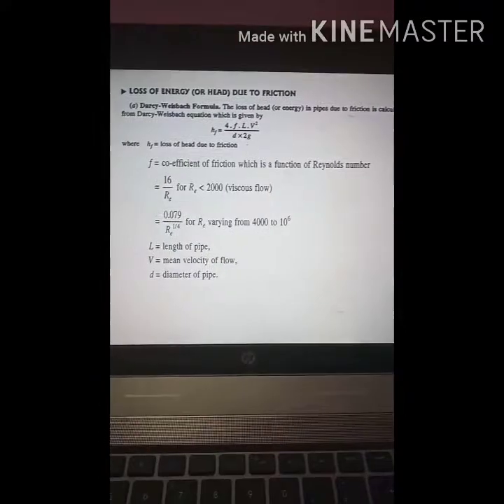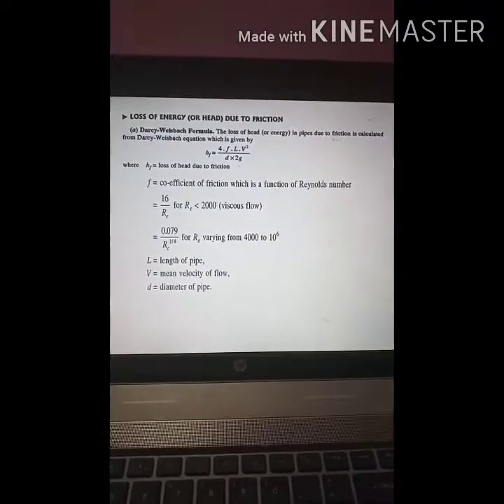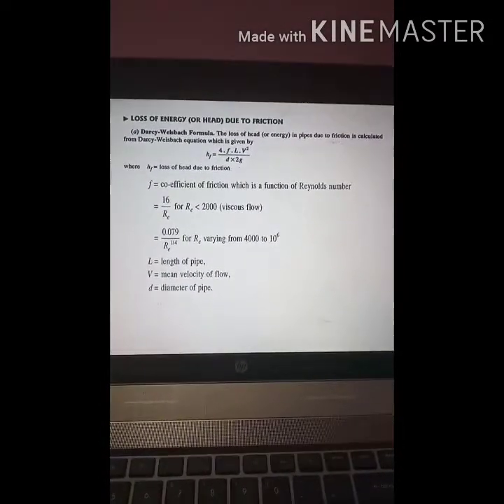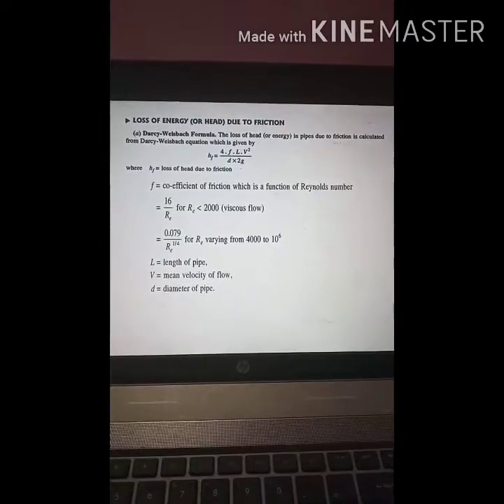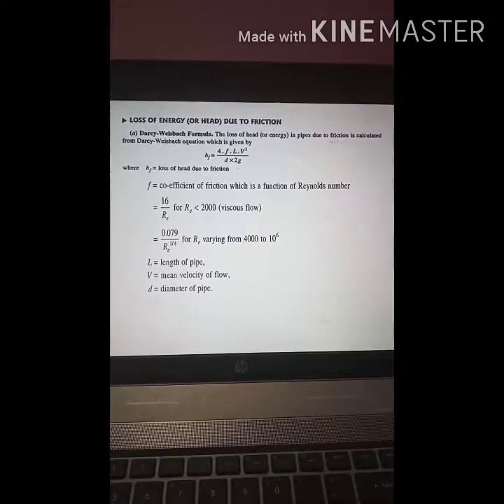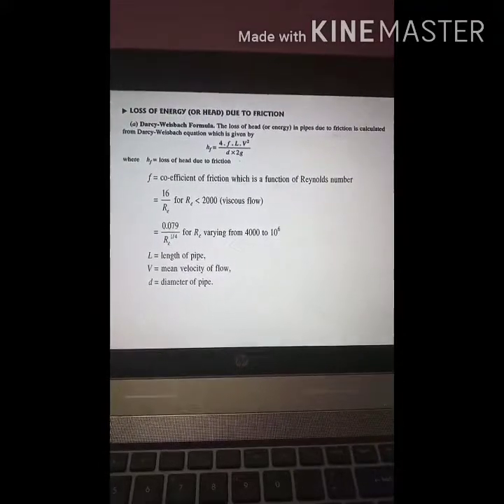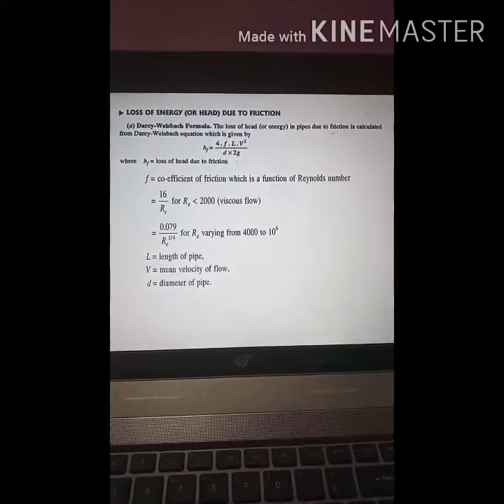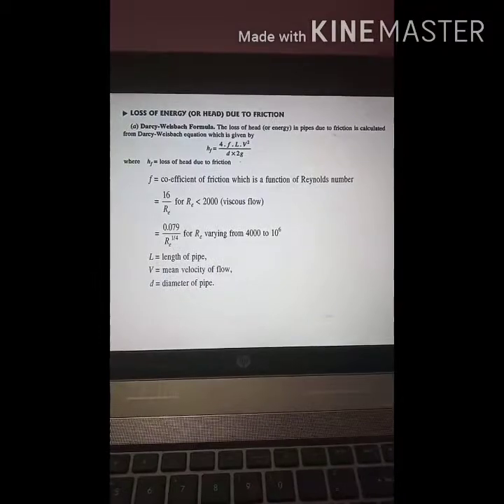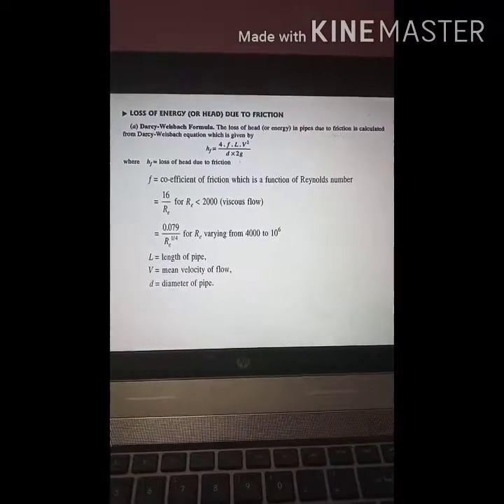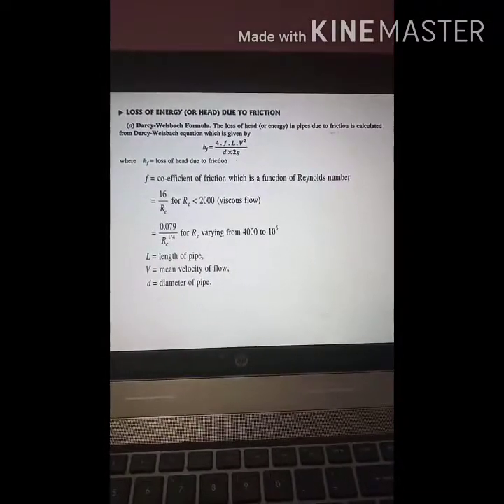The major energy loss which is because of friction is given by the famous scientists Darcy and Weisbach, who have given an equation: hf is equal to 4fLV square upon 2gd. This is a very famous equation and it is used worldwide today.